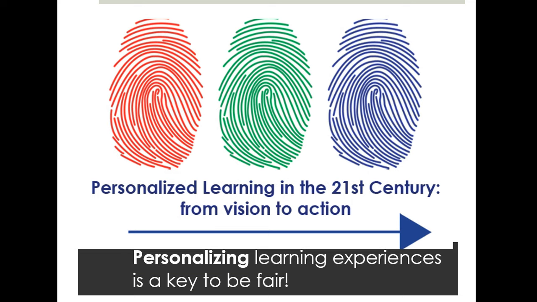And that kind of brings us to, if it has to be fair, then we need to personalize the learning. Just like our fingerprints, every individual learner is different. So personalized learning in the 21st century is from vision to action. It has to be fair. Personalizing the learning experiences is the key to being fair.